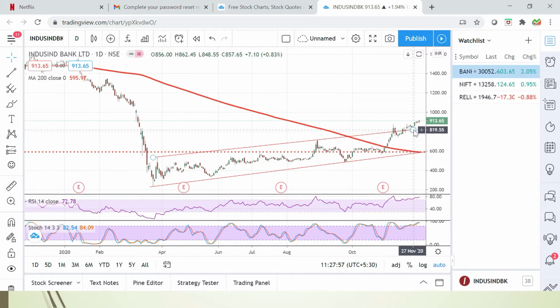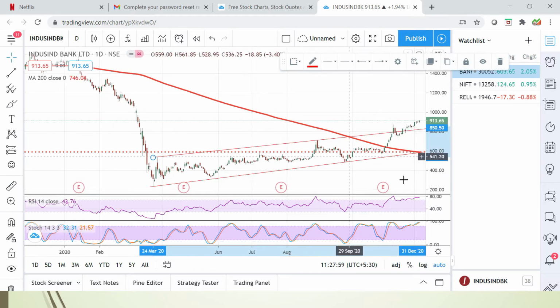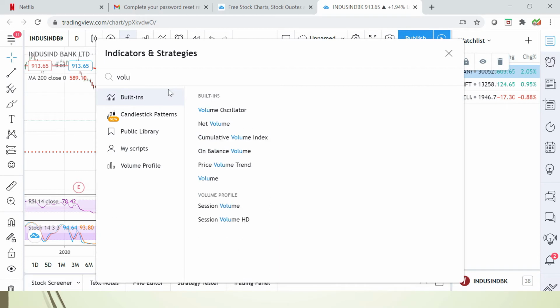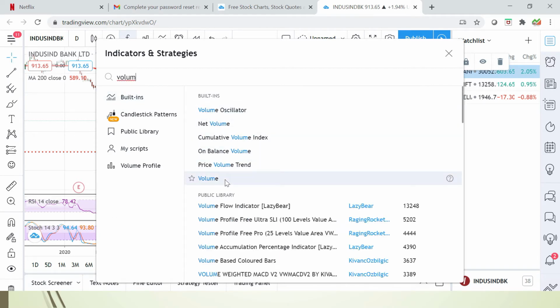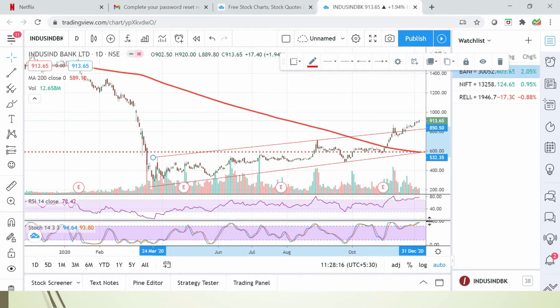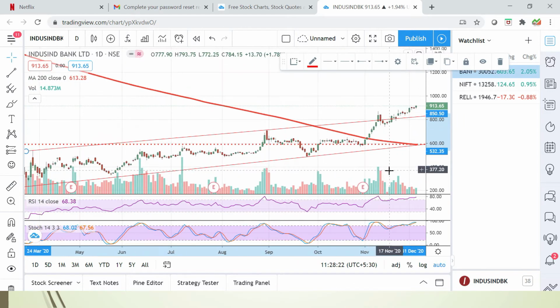But in the recent time, it is also important that we analyze the volume along with it, so let me add the volume as well. Now you can see this upward channel was crossed on 10th November, with huge volume, very good volume, a big green tower.